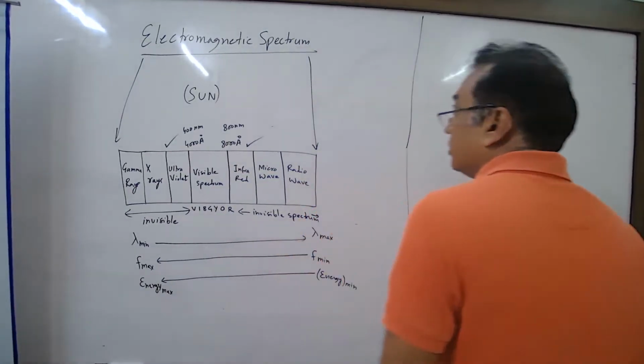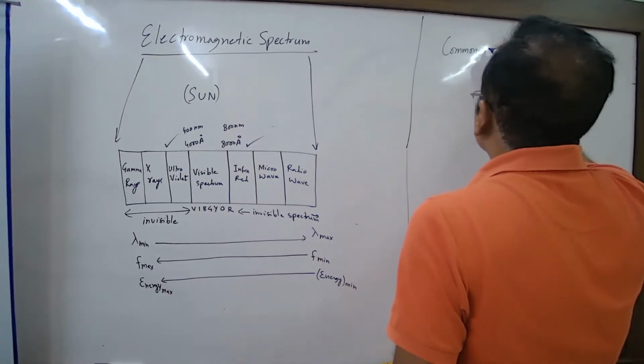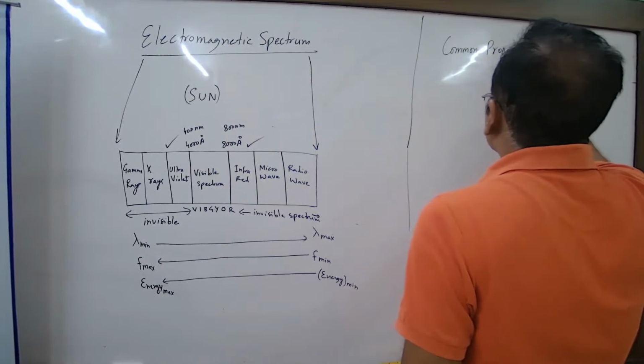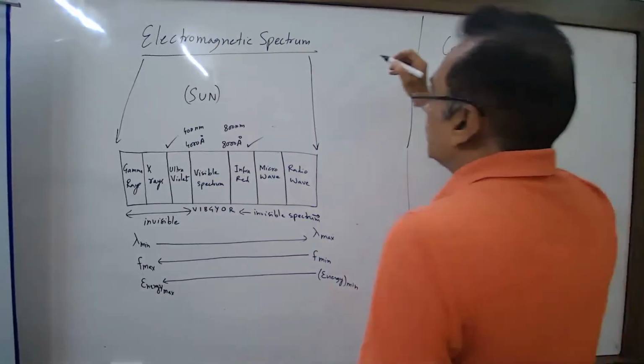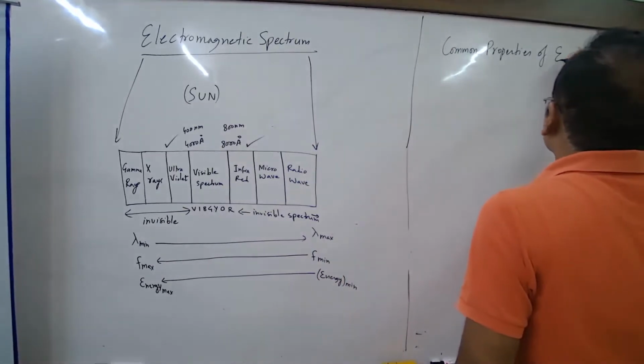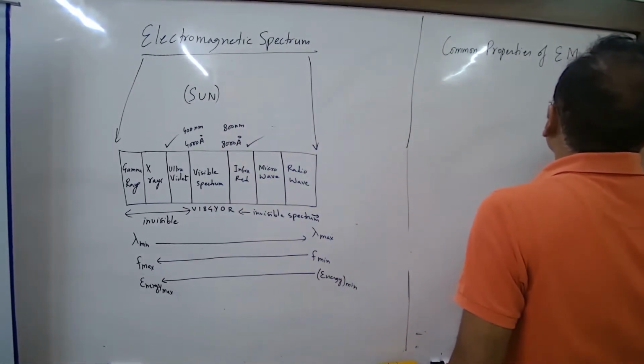Okay. So, common properties of electromagnetic spectrum or electromagnetic waves.